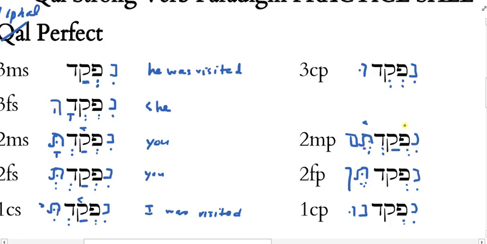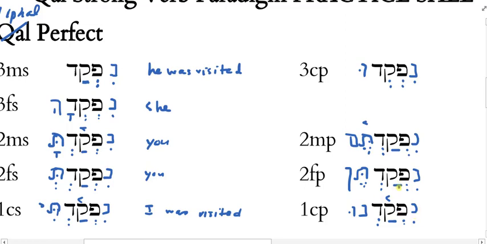And in the Qal, we had an open propretonic syllable that reduced to vocal shva, but nothing's open over here. Nif is closed. So nothing changes. Nifkadtem is "y'all were visited." Nifkadten. Y'all women were visited. Nifkadnu. And the accent's going to go back, since it's not heavy, to the kof. Nifkadnu. We were visited.